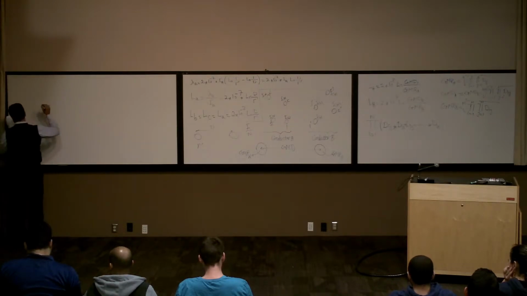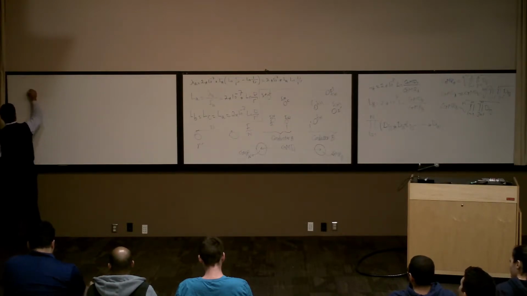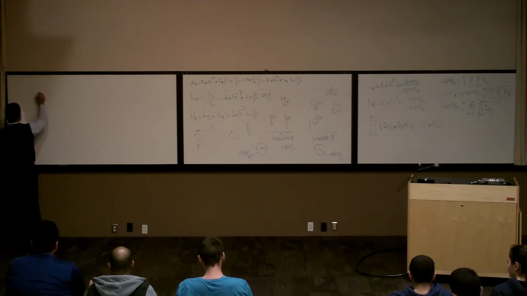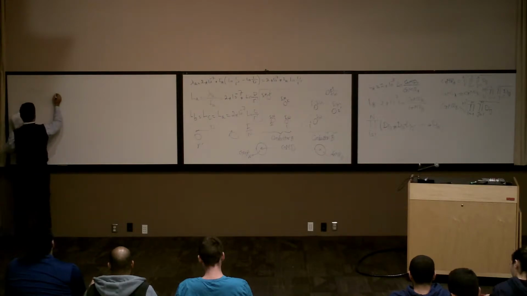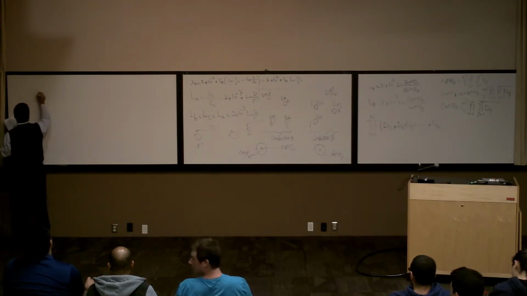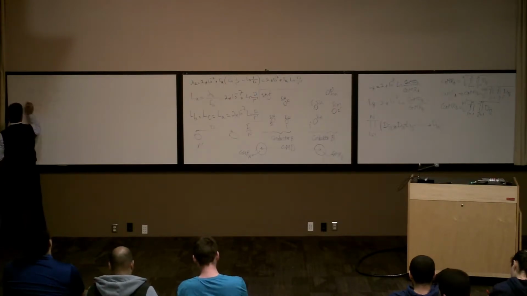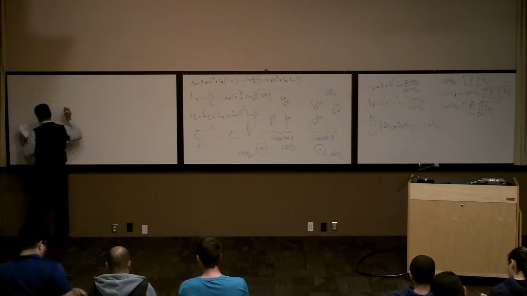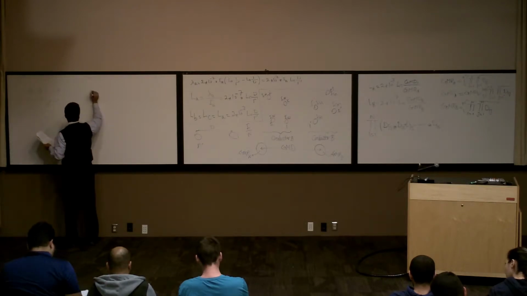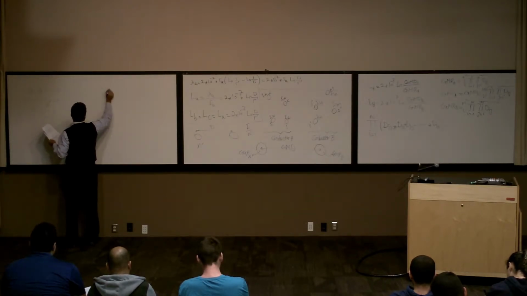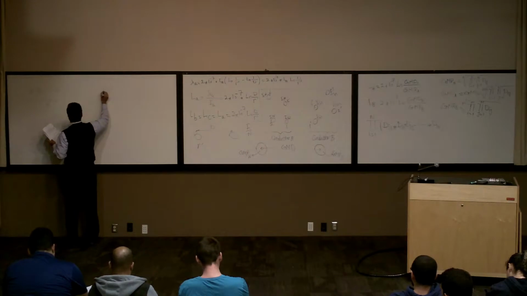So instead, here we have a system like this. This is number 1, number 2, number 3. This is the conductor A. And we have a conductor B here: 1 prime and 2 prime.